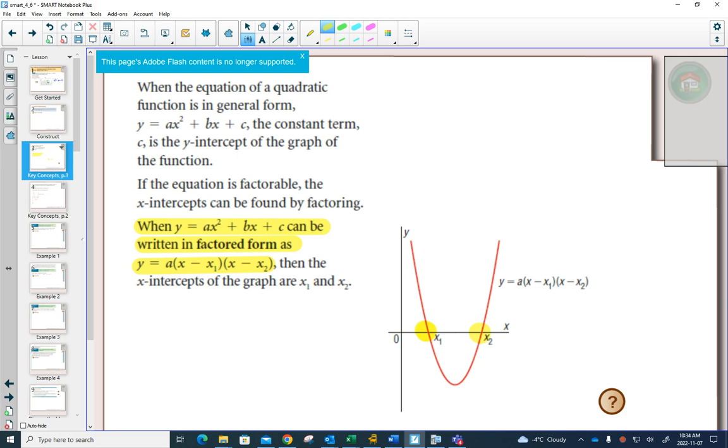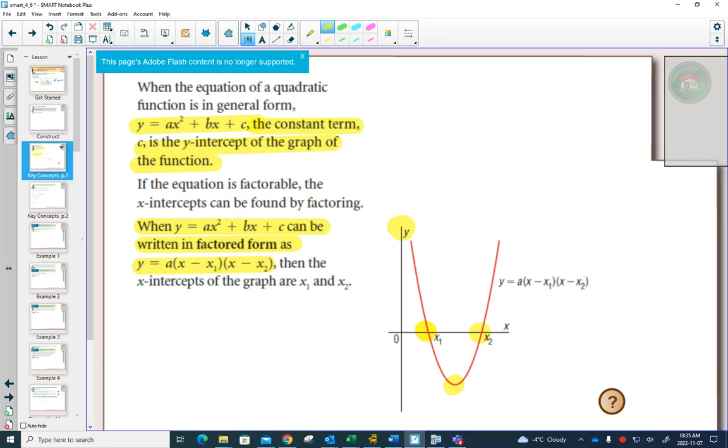And characteristics of your graph, x-intercepts are going to be really important. Vertex is going to be really important. Y-intercept is going to be really important. And you find x-intercepts by plugging in 0 for y. You find a y-intercept by plugging in 0 for x.